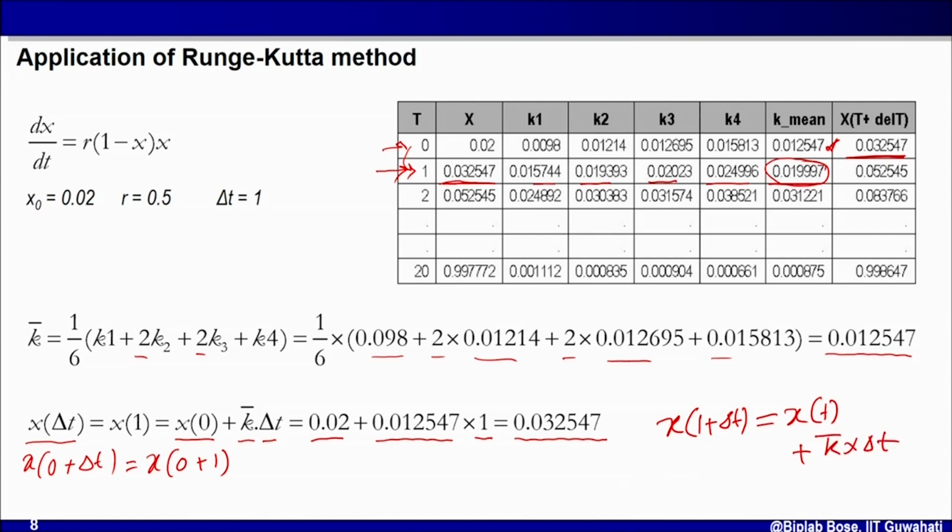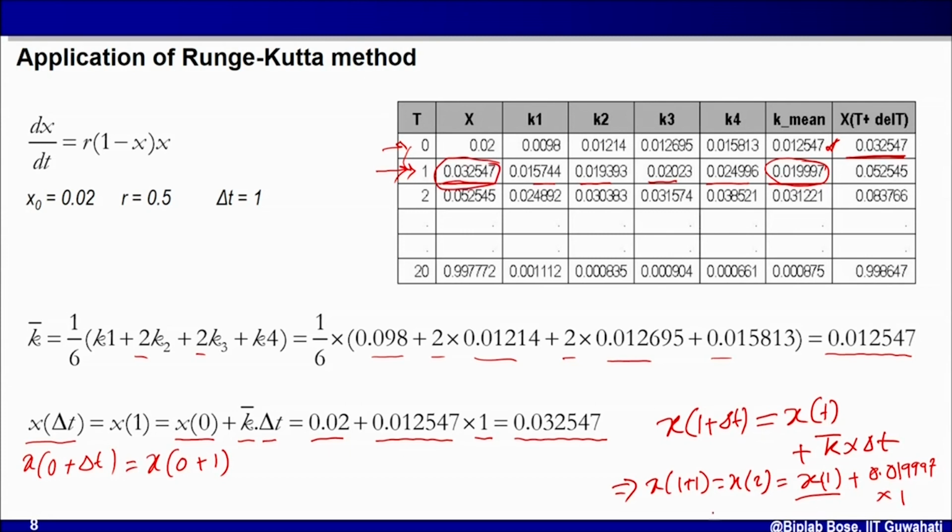So this is nothing but x at 1 plus 1, that is x at time point 2, will be x at 1 plus k, that is 0.019997 into delta t, which is 1. X at 1 is this value, 0.032547.